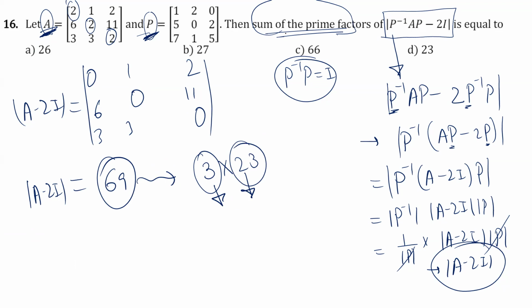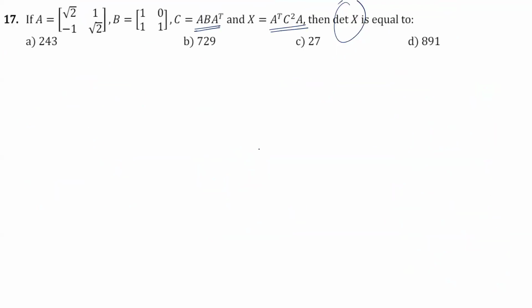So we need just the sum of prime factors, not just any factor. So prime factors will be 3 plus 23. If we were talking about normal factors, that will be 3 plus 23 plus 1 also. But here only prime factors, that means 26. If you are talking about simple factors, then the answer will be 27. But here prime factors, so let us move to the next question.